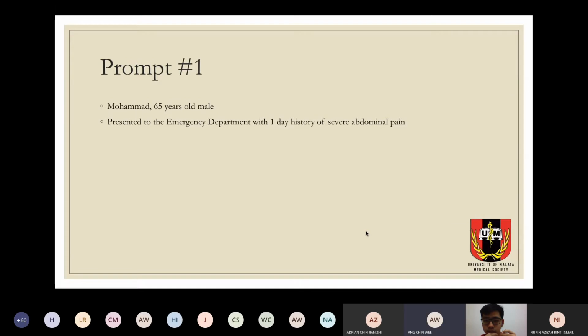It will be another 10, 20 potential differentials, but you haven't asked specific questions to exclude whether this patient has an obstructed or ischemic bowel. So it's slightly different to the usual way you're taught, because it's a higher level of thinking you need to start doing from the beginning. Apart from learning all the facts, it's a thinking process, reasoning skills. You guys know about reasoning skills, right? This is where it starts, the reasoning skills from the beginning. Right, let's move on.